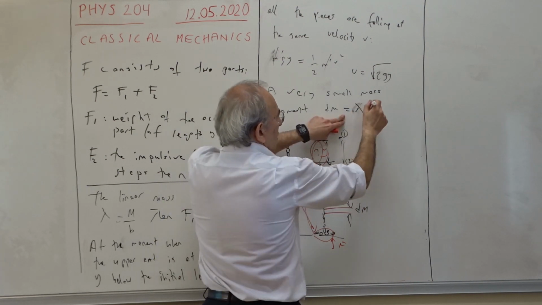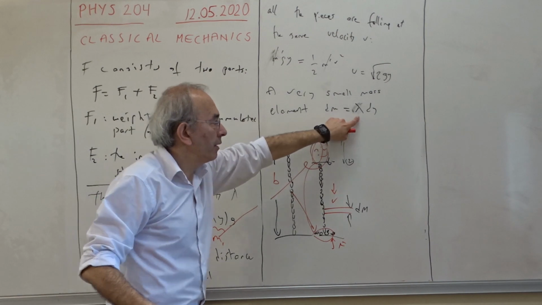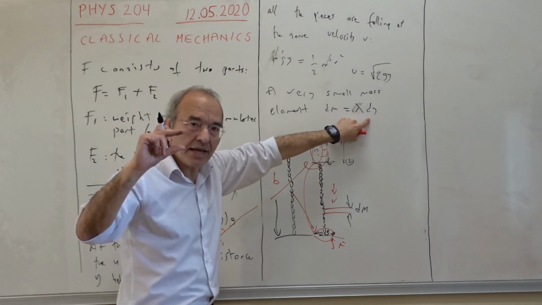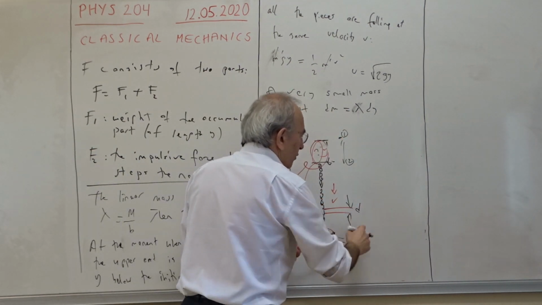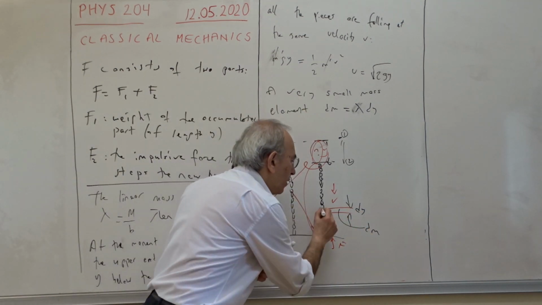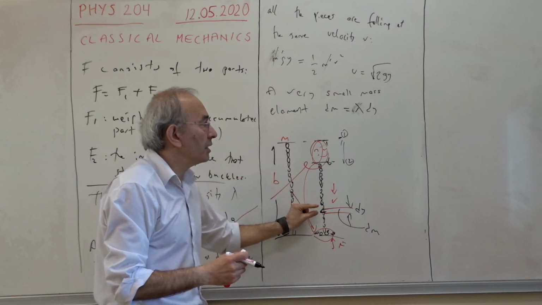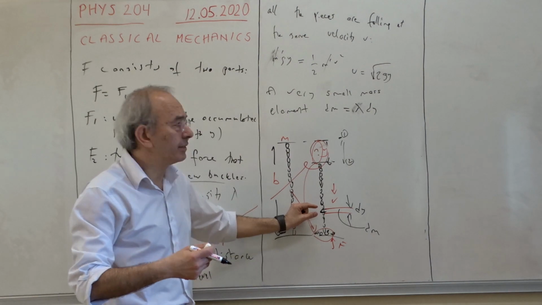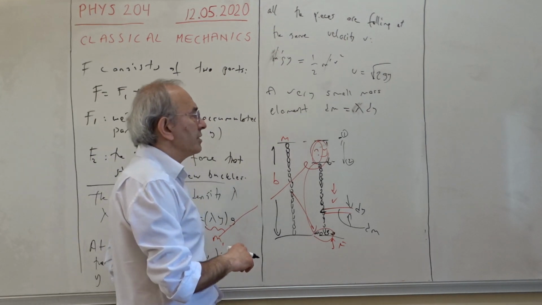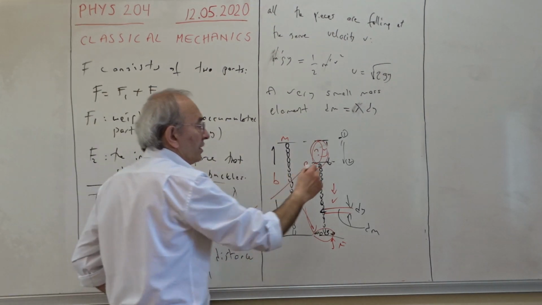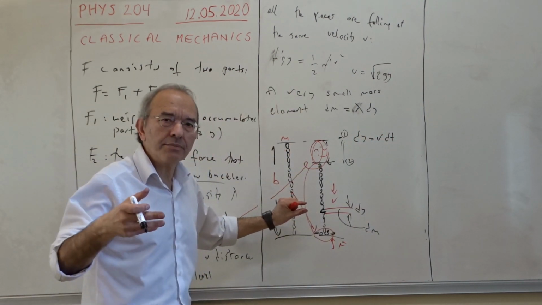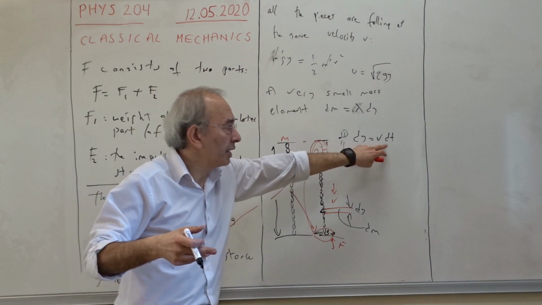First it is lambda times dy, the linear mass density times that small length. This distance is dy, but the mass contained is dm. So this dm, the mass of this small piece, is the product of the density times this short length dy. But dy, what is it? dy is simply velocity times dt, because that distance is covered by any particle with the velocity v in a time dt.